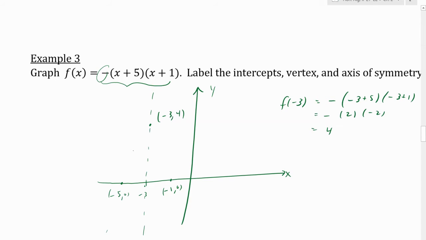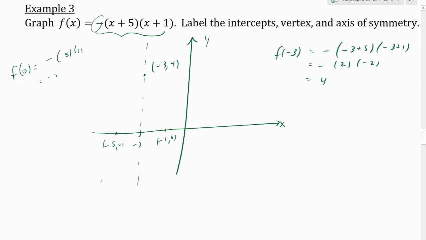There's the vertex. If I want to get the y-intercept, I'm going to plug in x is 0. It's going to be at -5. It's probably a little too far down there.